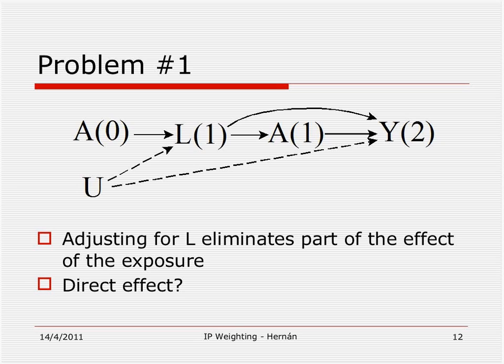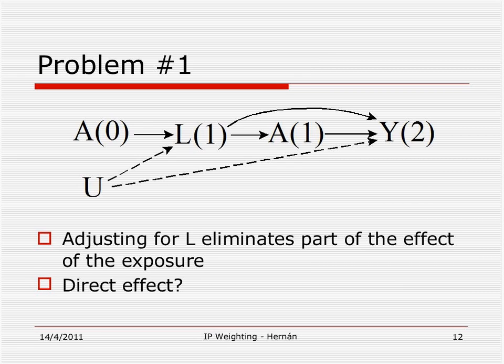But at the same time, L1 is affected by prior treatment. So now, when we condition on L1, we have a first problem. The first problem is that by conditioning on L1, we are blocking the association between baseline treatment and the outcome.